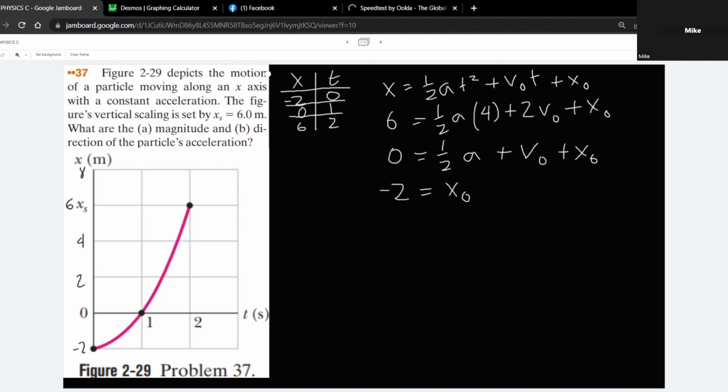Yung next ay 0.5, 1, 1, 0. And then yung last ay 0, 0, 1, negative 2. So if we solve it, yung acceleration is 4, yung initial velocity ay 0, and x naught is negative 2.